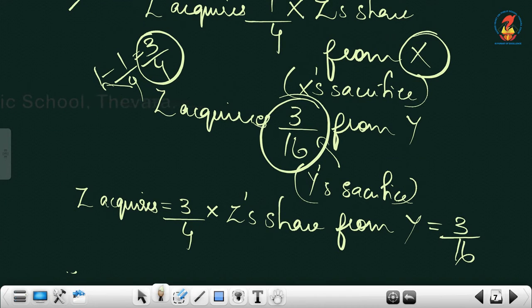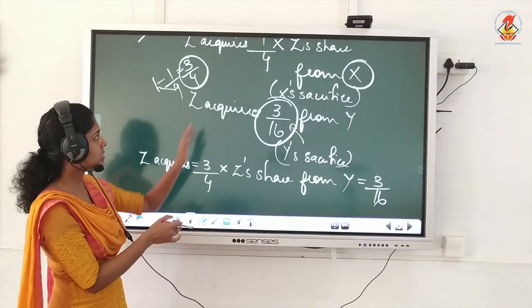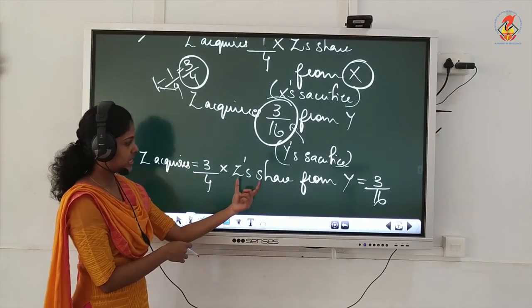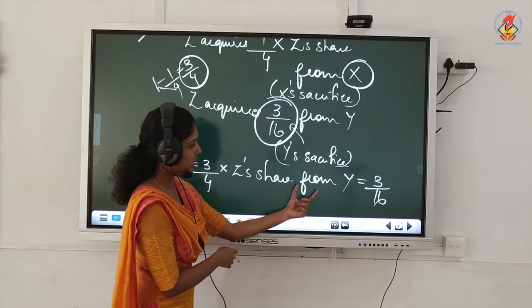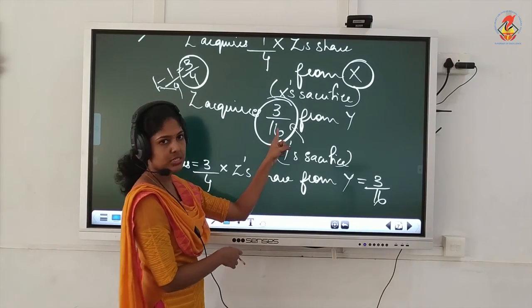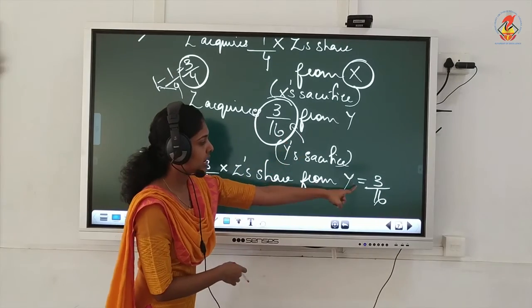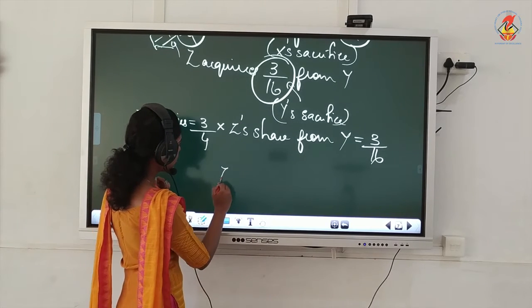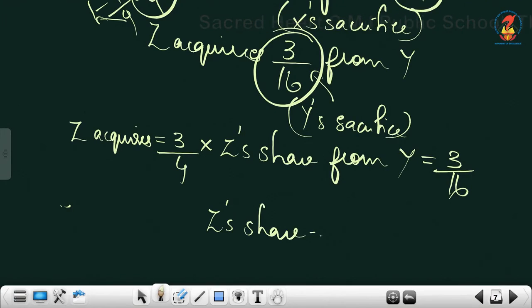So Z will take, how did we get this 3 by 4? It was not mentioned in the question. We took the balance. So balance 3 by 4 of Z's own share will be taken from Y, and that proportion is given. Z is taking 3 by 16 from Y. We have this proportion directly. Now can't you get what is Z's share?